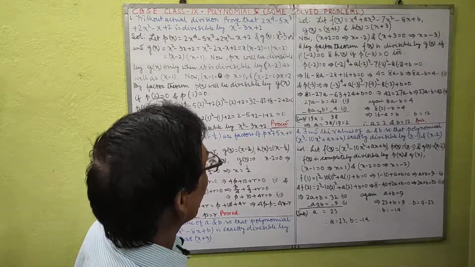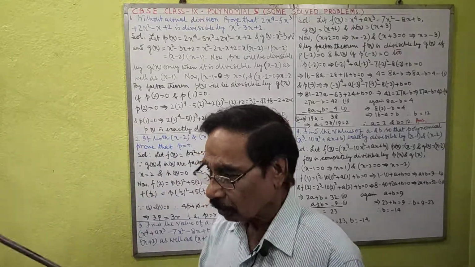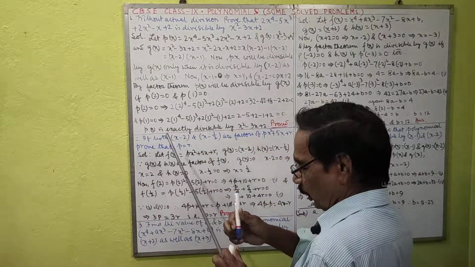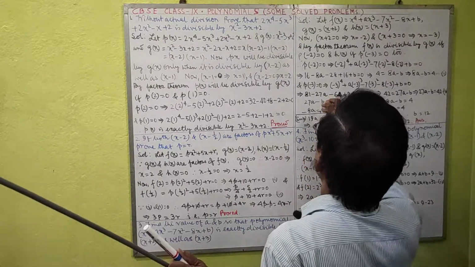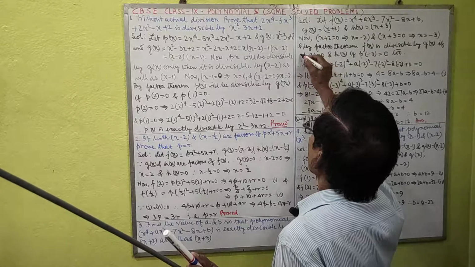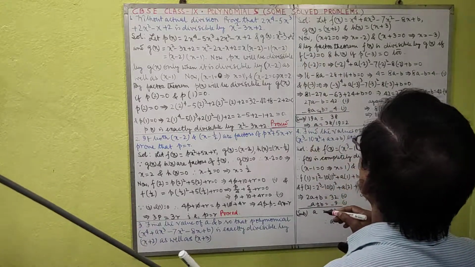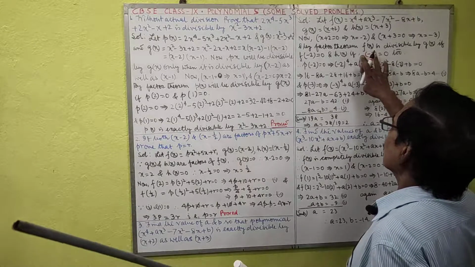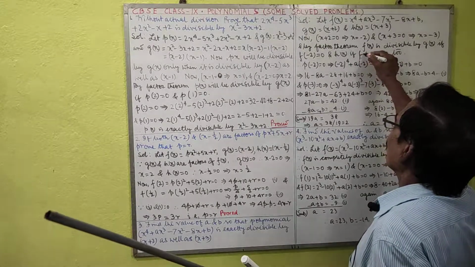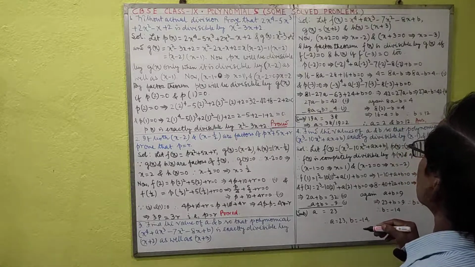It will be f, not p. So f(−2) = 0 and f(−3) = 0.